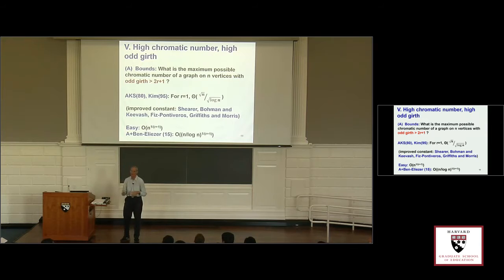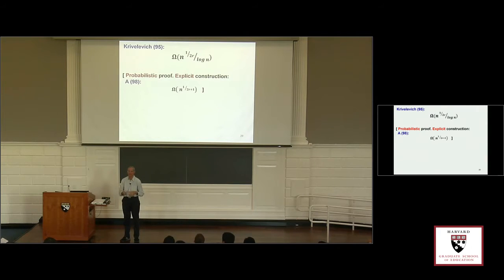But in terms of the lower bound, the known lower bound is pretty far. So there is a result of Krivelevich that says that there are graphs on N vertices with odd girth bigger than 2r plus 1, in which the chromatic number is, up to a logarithmic factor, at least n to the 1 over 2r.